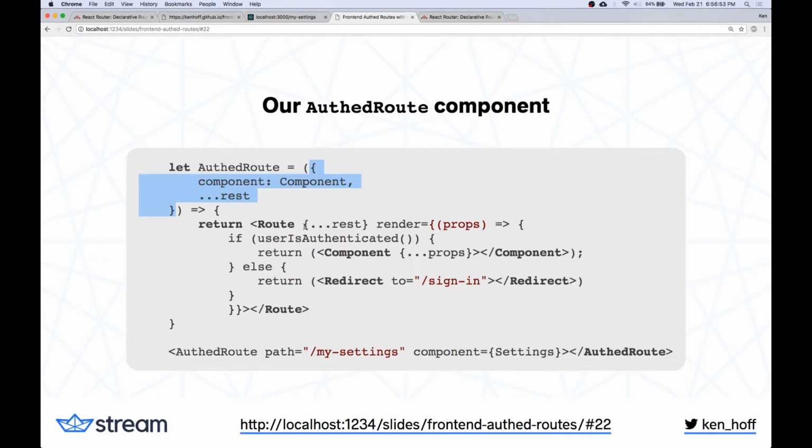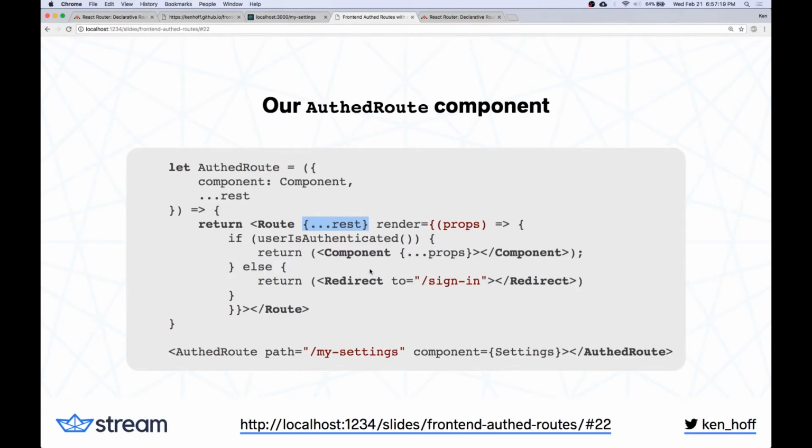Then it's going to take all of those other props, which include path and potentially exact or strict or any of those other modifiers on the actual route, and pass those down into the route prop. So this route will have a path prop passed to it from the auth route component, which is great. That's exactly what we want.